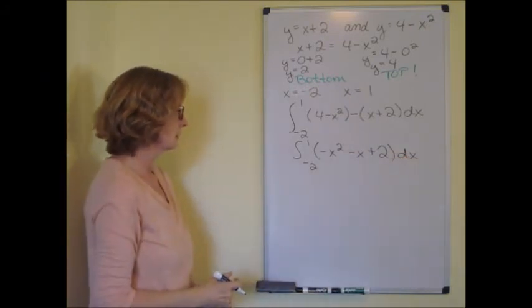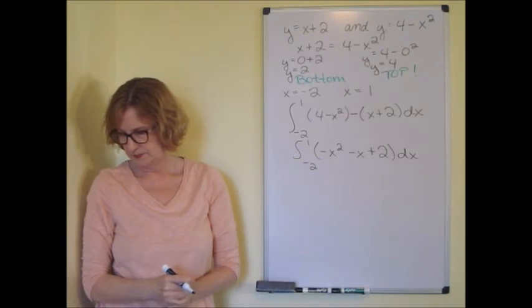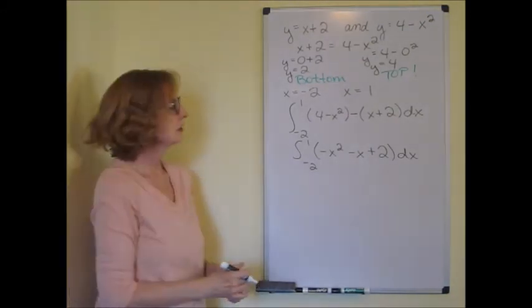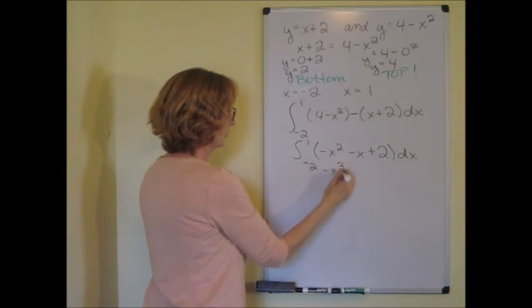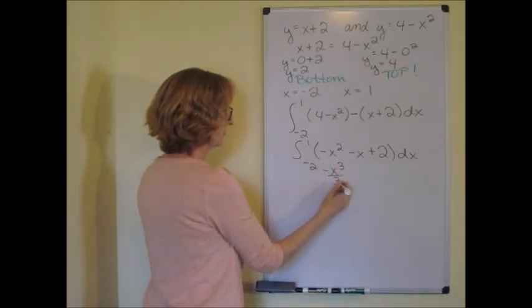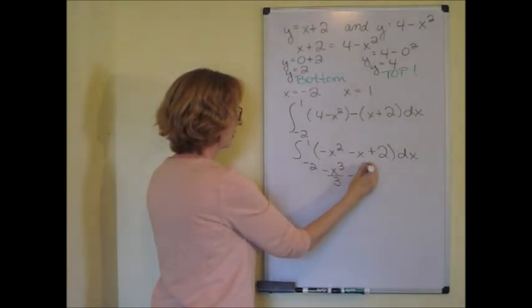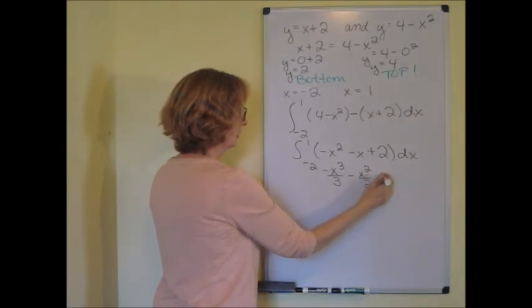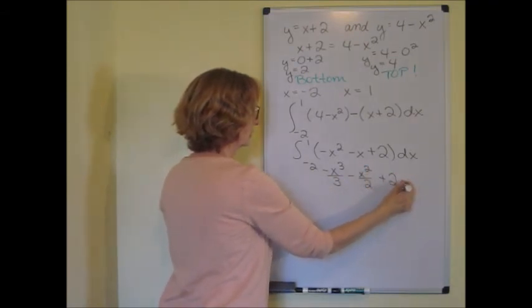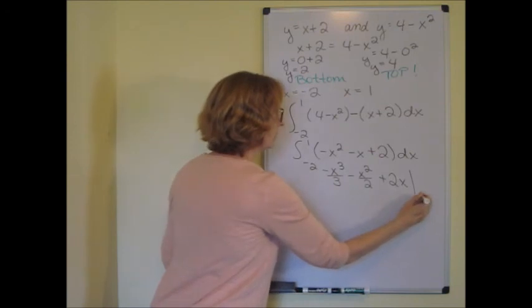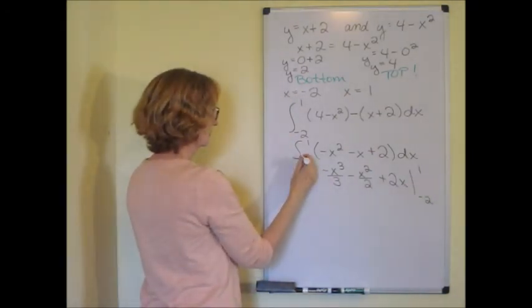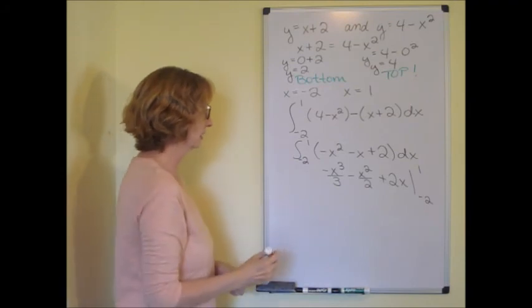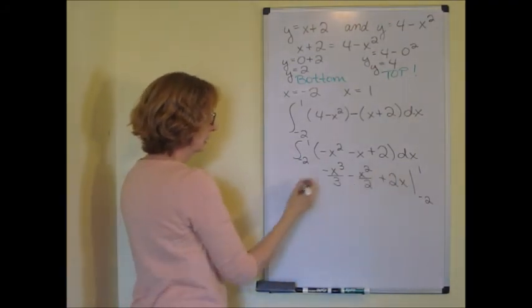Okay. Take your integral, which will be negative x cubed over 3 minus x squared over 2 plus 2x. And we're going to go from negative 2 to positive 1 here and plug in. So first we'll plug in our 1.